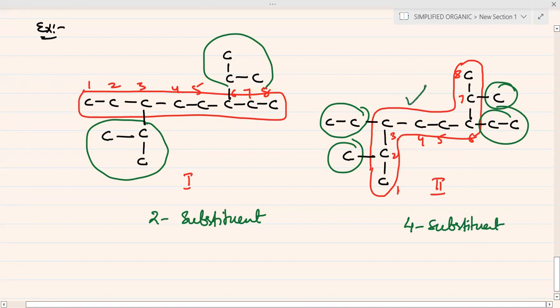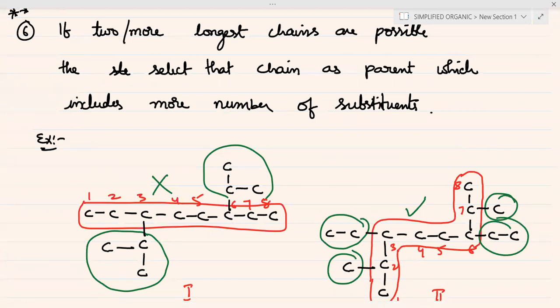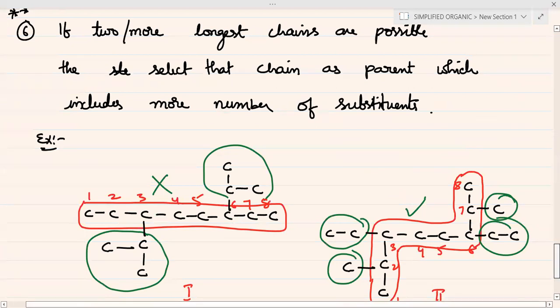Therefore, this is the correct parent chain and this is the wrong parent chain. So once again, I'm repeating, the rule says if two or more longest chains are possible, select that chain as the parent chain which includes more number of substituents. This is rule number 6, a very important rule.